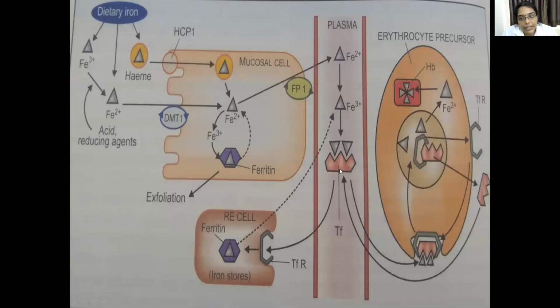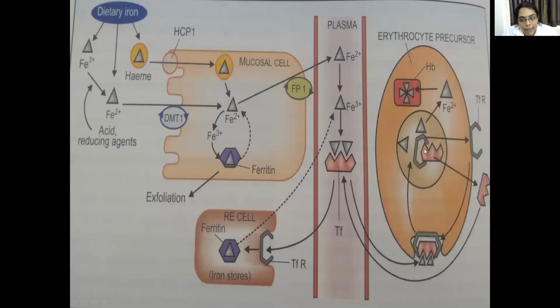Now the iron needs to get transported into the cells like erythrocyte precursor cells and the RE cells. So here what happens, the transferrin comes and binds to the transferrin receptor on the cells. This complex is engulfed by endocytosis, and the iron is released from that complex because of the acidic pH in the cell.